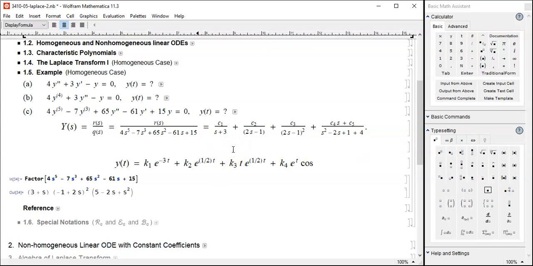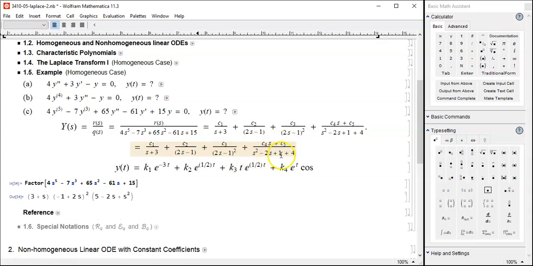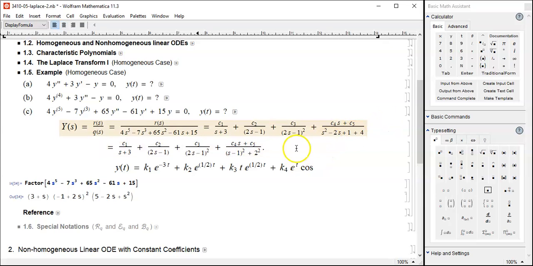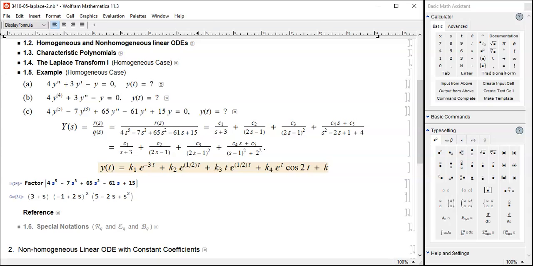I can use copy and pasting, so there's no reason for me to skip steps. Okay, so this is 2 squared, so cosine of 2t plus K5 e to the t power sine of 2t.